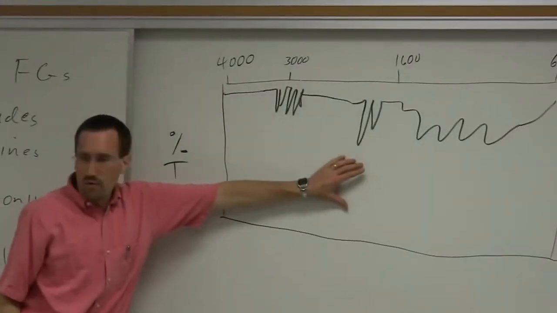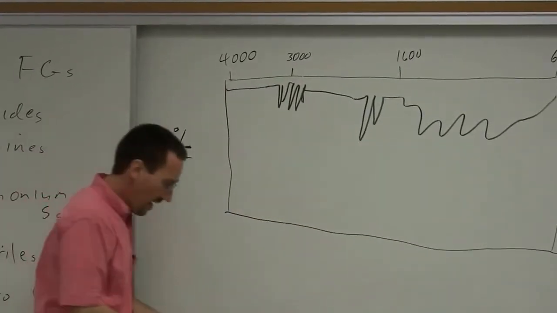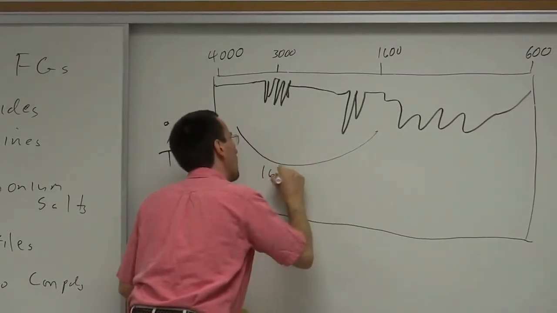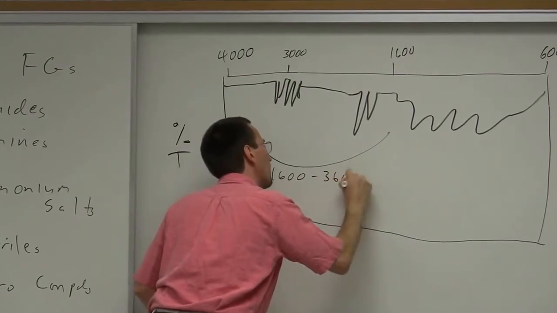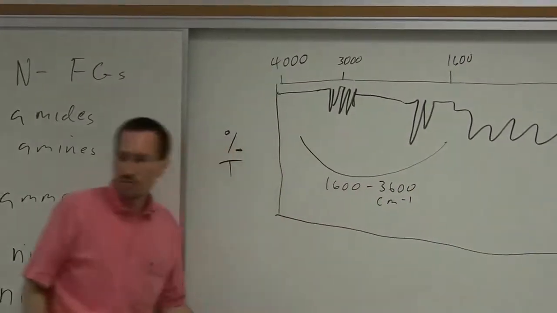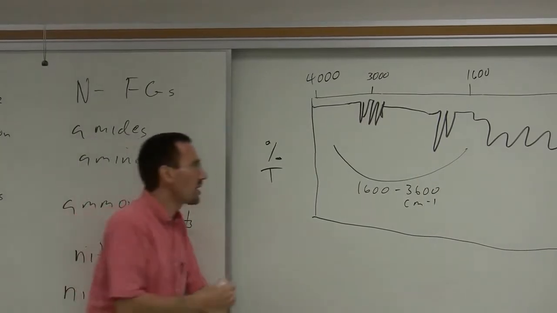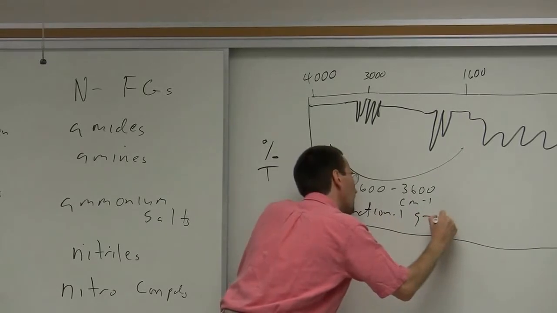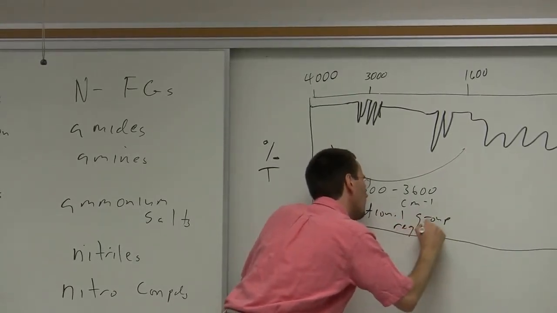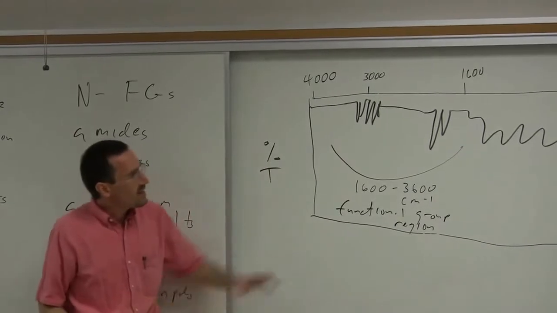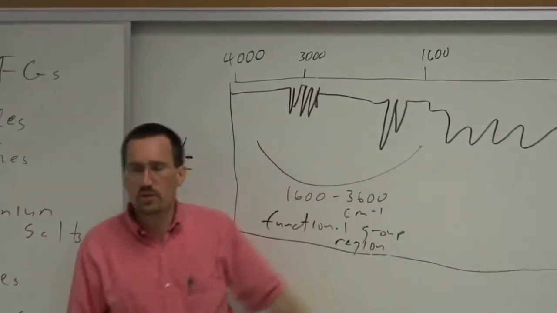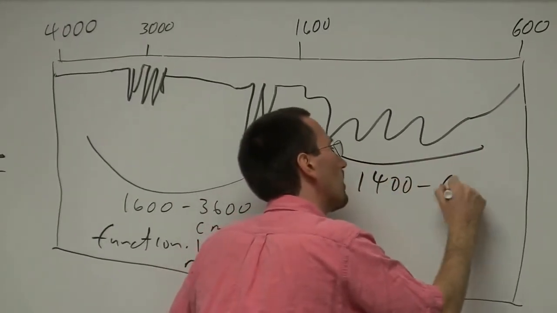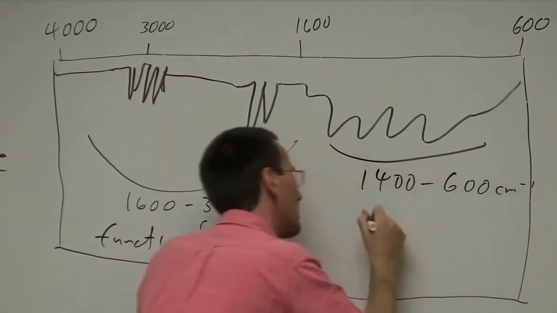Now, the region over here from 1600 to about 3600 is the functional group region, and that's generally what I look at. There's information to be had in this region from about 1400 to about 600 wave numbers. That's the fingerprint region.